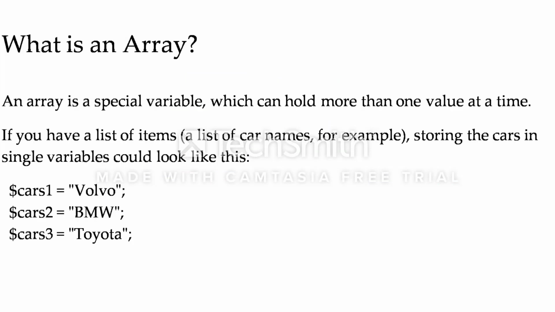Okay. What is an array? An array is a special variable which can hold more than one value at a time in a single variable. An array can hold many values under a single name, and you can access the values by referring to an index number. Here we have a list of car names used in a single variable.